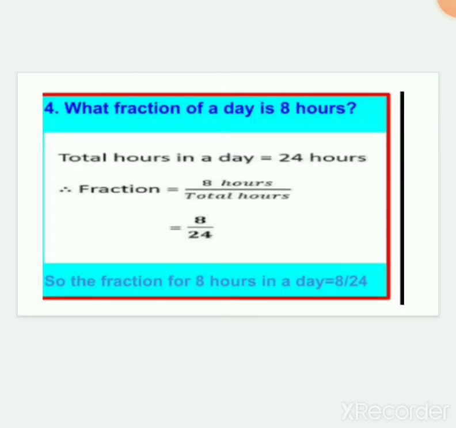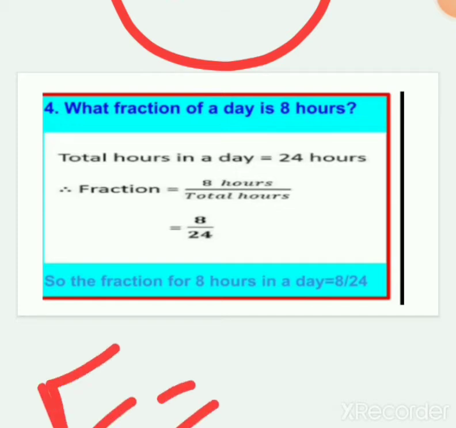We have question number 4. What fraction of a day is 8 hours? See, total number of hours in a day. How many total hours are there? There are 24 hours in a day. So the fraction will be equal to how many hours are there? 8 hours are there.